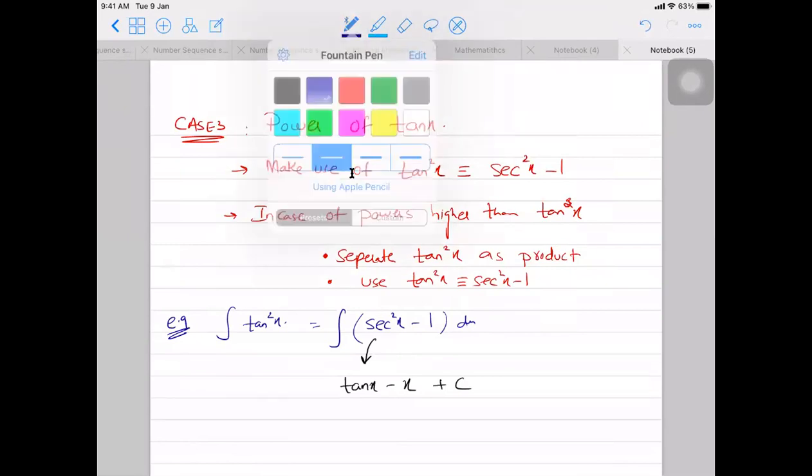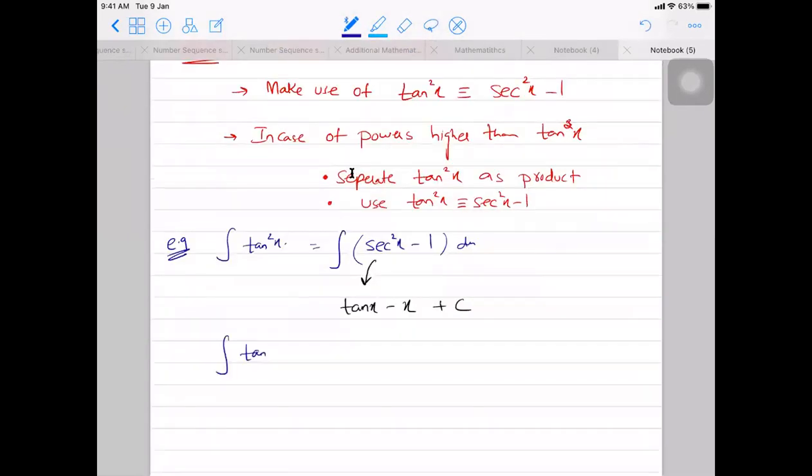Let's see how to integrate tan cube x. In order to integrate tan cube x, you are going to separate tan square x times tan x, and you're going to use the identity secant square x minus 1 times tan x.